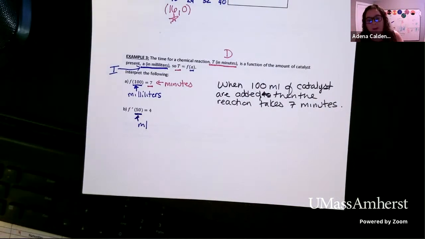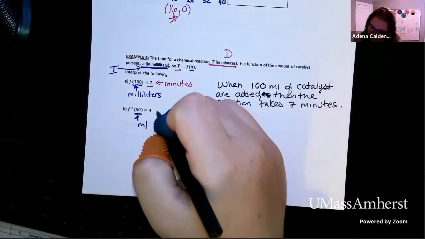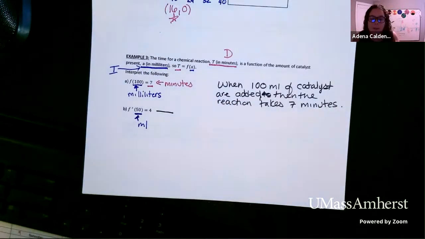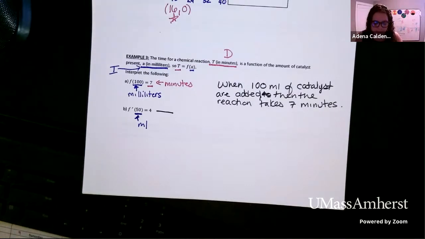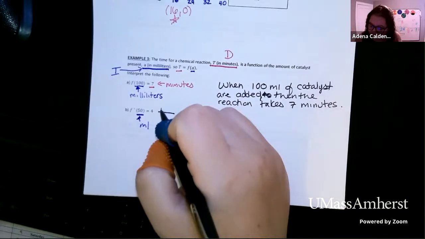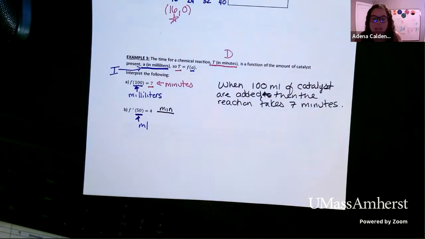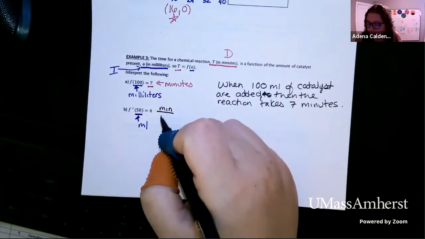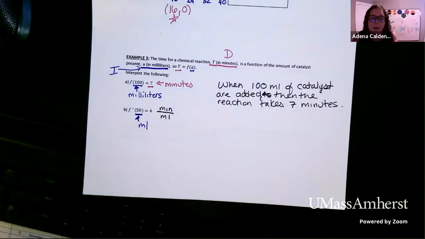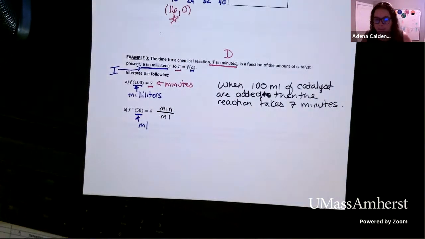But the 4 here is where we now need to figure out the dependent units over the independent units, right? So the dependent units here were in minutes, and the independent units are in milliliters. So we have 4 minutes per milliliter.